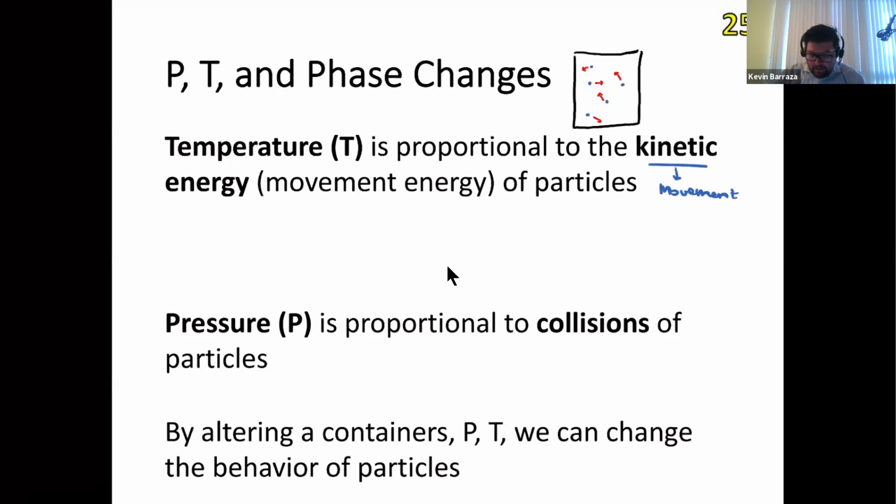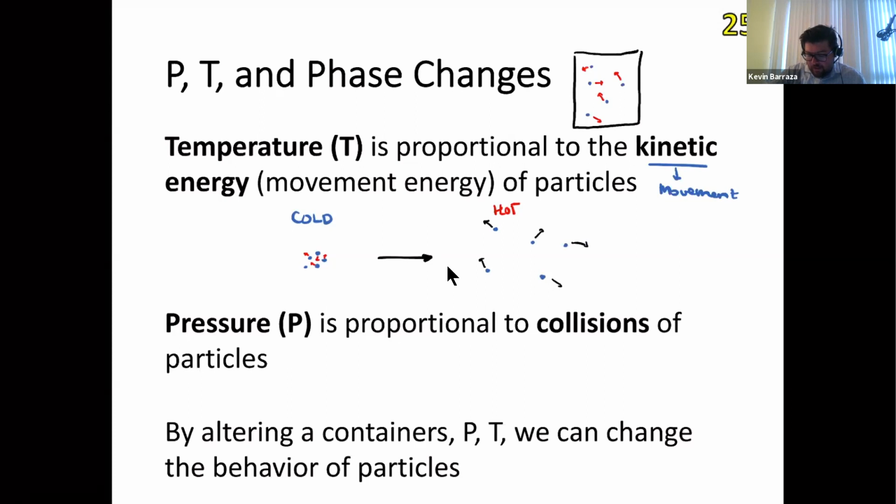So what we would find is that in a cold container, the particles are really close together. And in fact, they're so close together, they don't really have a lot of room to move. But when the particles are put into a hot container, they have lots of room to move.